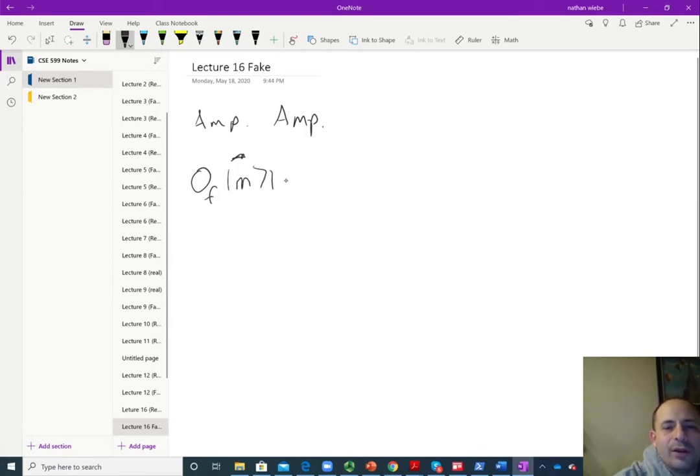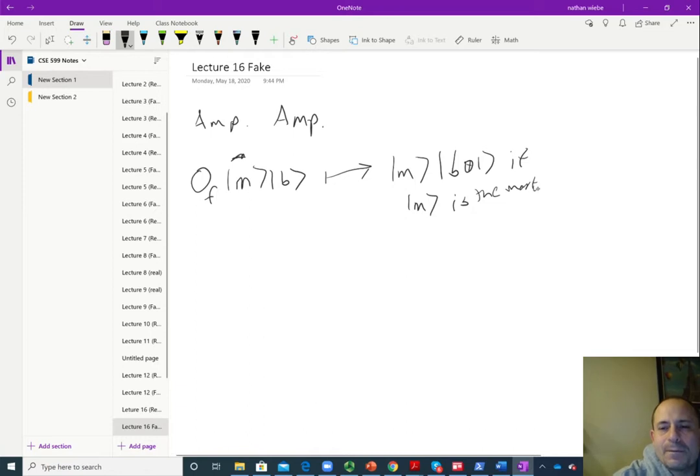So, for example, if we have a state |x>|b> in here, then this oracle will end up mapping that to |x>|b+1> if x is the marked state, i.e., if it's the thing that you're searching for.